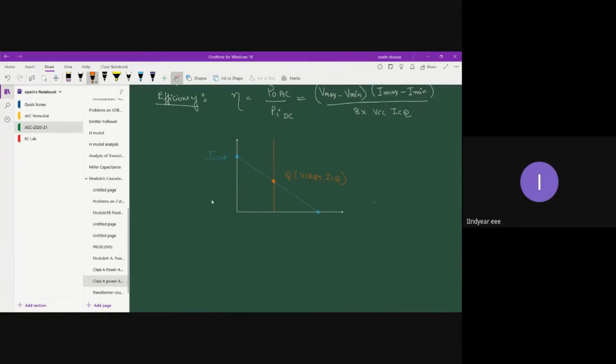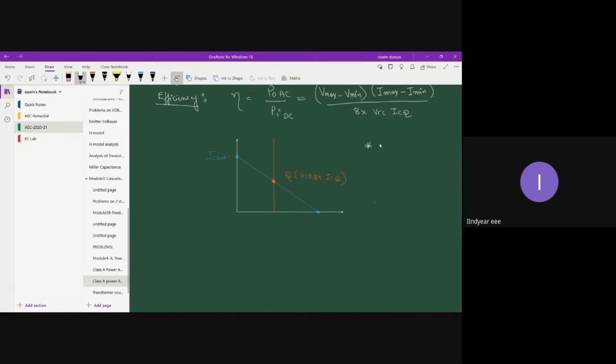So for maximum efficiency, you know the rule: you must allow the maximum voltage and maximum current to appear.